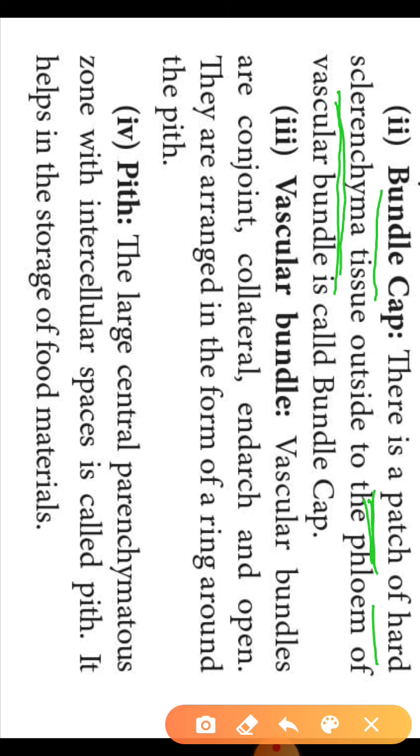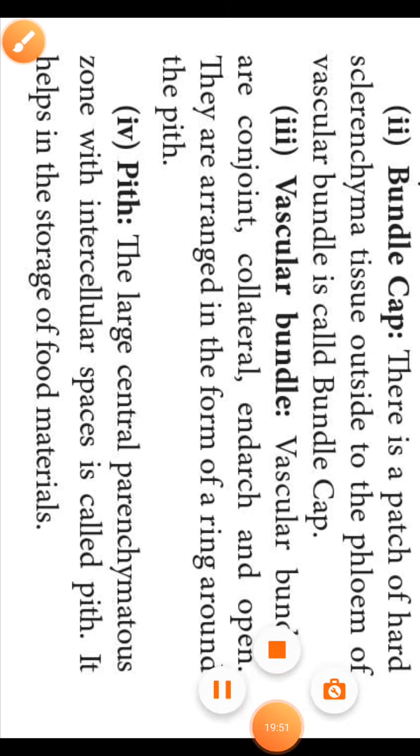It is outside to the phloem in vascular bundle. Outside of phloem in vascular bundle, the cap is present. Therefore it is called bundle cap.